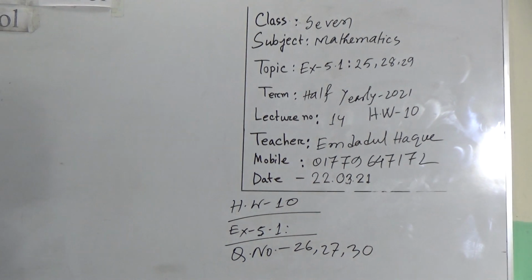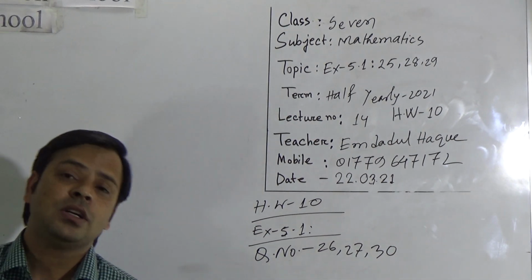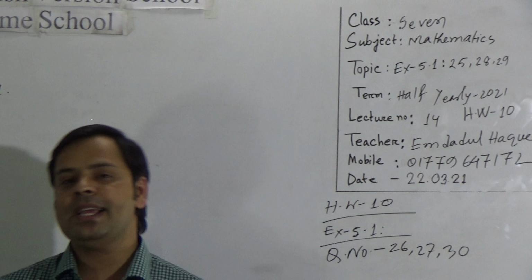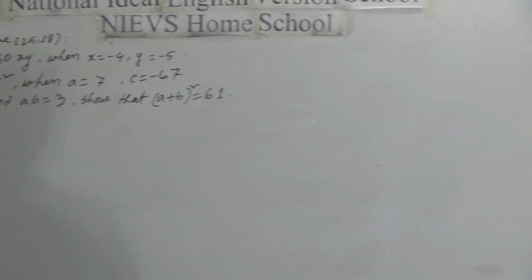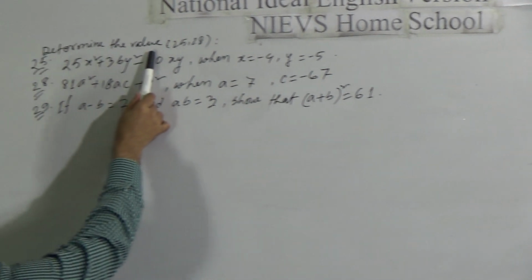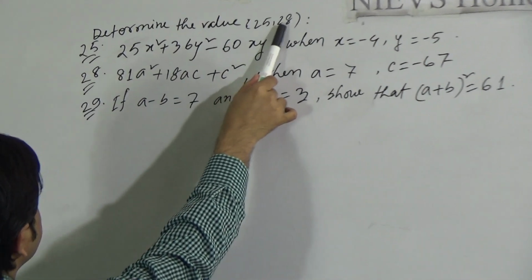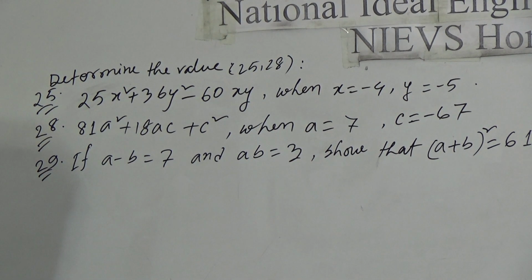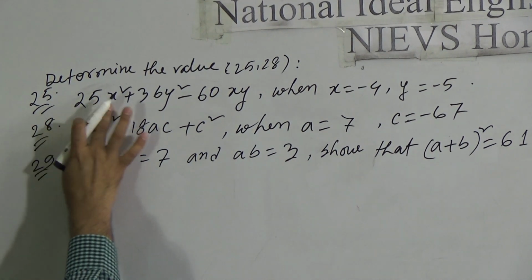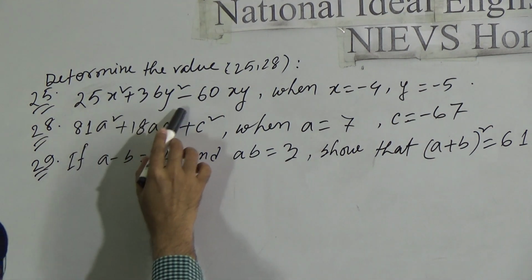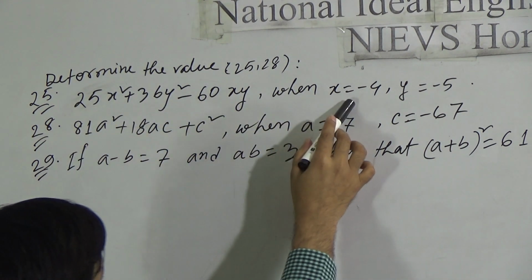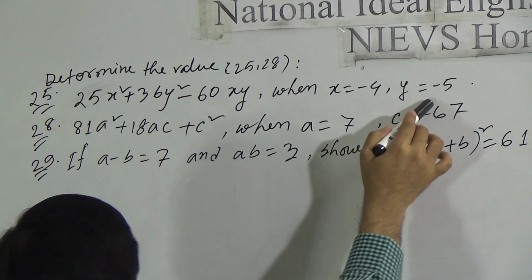Okay dear students, let us see how we can solve questions 25, 28 and 29. Now see questions 25 and 28: determine the value. It means that we have to determine the value of the expression 25x square plus 36y square minus 60xy when x equals minus 4 and y equals minus 5.